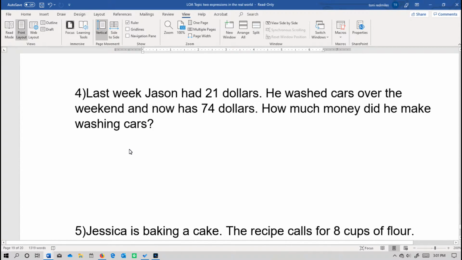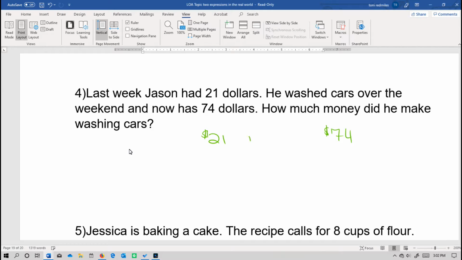All right, last week Jason had $21. He washed cars over the weekend and now has $74. How much money did he make washing cars? So again, we have a problem in which we have a sum, right? The end of the weekend he had $74. He started out at 21.